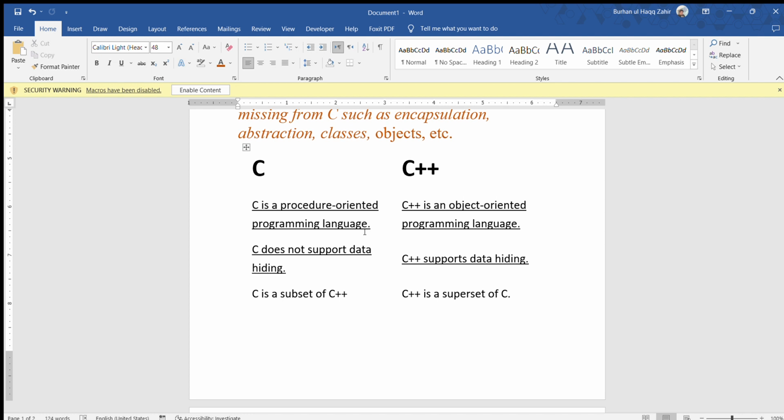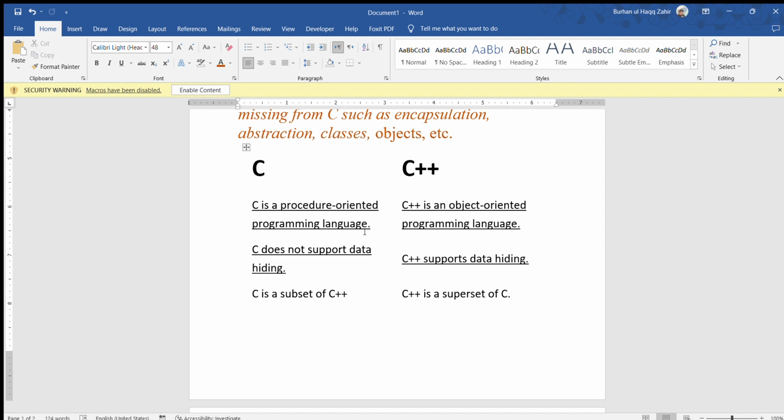Next, C does not support data hiding. We already learned that encapsulation and abstraction are missing in C, but C++ supports them, because it owns the concept of OOP, and OOP is all about encapsulation, abstraction, and all this stuff. Next, C is a subset of C++.